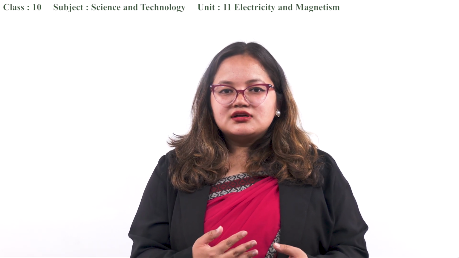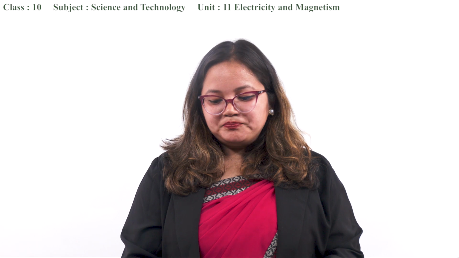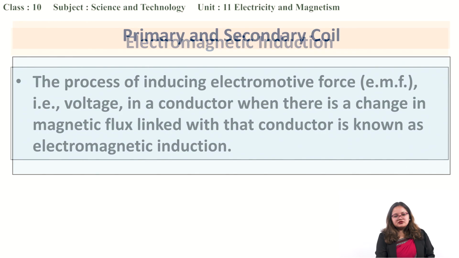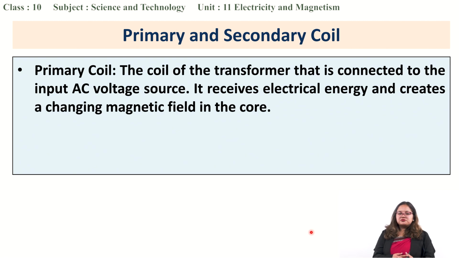The windings, we had to identify whether they were the primary coil or the secondary coil. So for this, let's look at the definition of the primary coil. The primary coil is the coil of the transformer that is connected to the input AC voltage source, and it receives electrical energy and creates a changing magnetic field in the core. So how do you identify a primary coil in a transformer? The primary coil is the one that is connected to the input source.